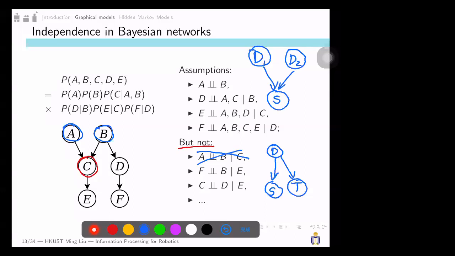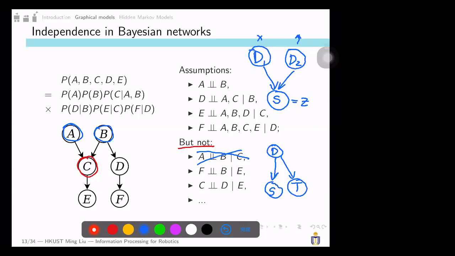What does it mean? S is a measurement. You probably have a sensor on the door or on the robot. I see something, for example the small z, that means I detect the door is open. And if D1 is not open, will that increase the probability that D2 is open? Yes, it will. So given the knowledge of S, the state of D1 and D2 start to be dependent.